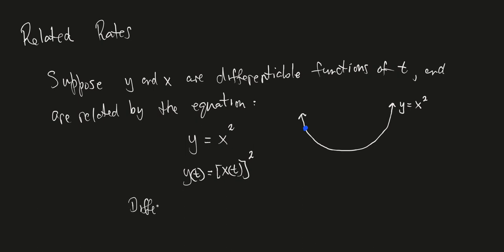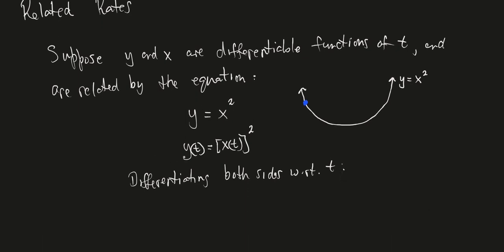So differentiating both sides with respect to t, well, this is what we will get. If I differentiate this side with respect to t, I'm going to get dy/dt. If I differentiate this side with respect to t, I'm now going to have to use my chain rule because I have my x function, but then it's being squared.